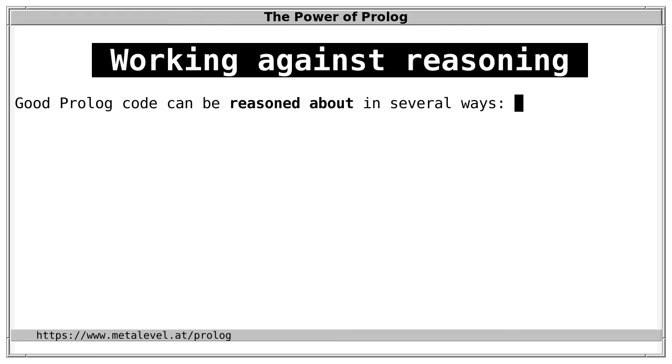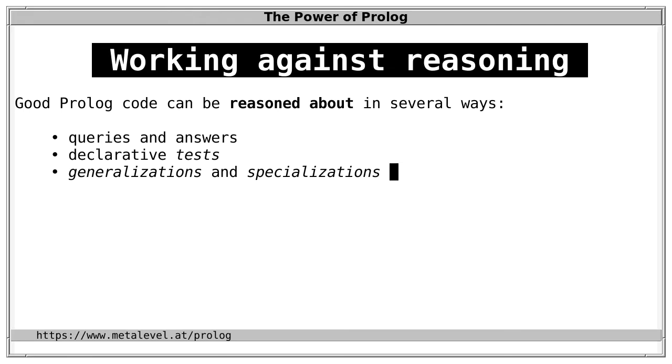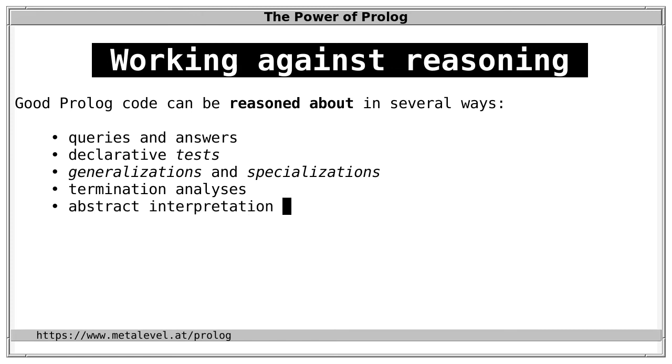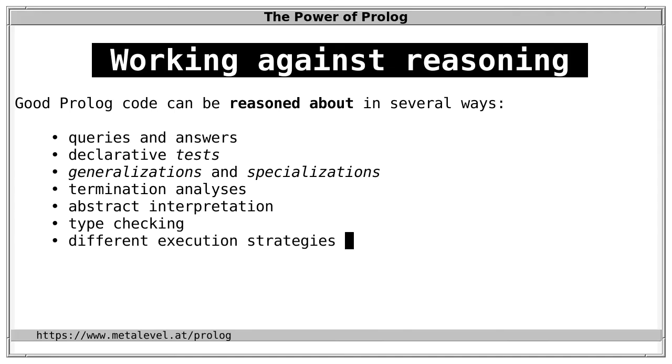Because a decisive property of good Prolog code is that it can be reasoned about in several ways, starting from extremely basic things, such as using queries to ask the Prolog system for what holds, and also to use these queries to write test cases, and further to generalize and specialize queries and programs to find out more and to locate mistakes, or to perform various kinds of termination analysis, for example, via abstract interpretation, which can also be used for type checking and also type inference. And we can also interpret the code with different execution strategies, and so on.